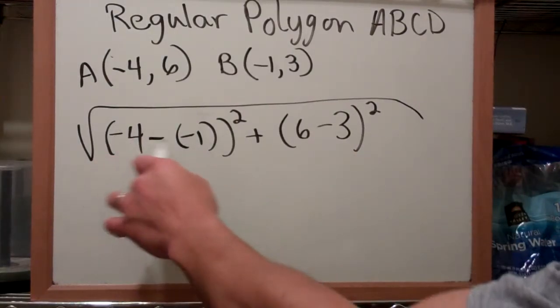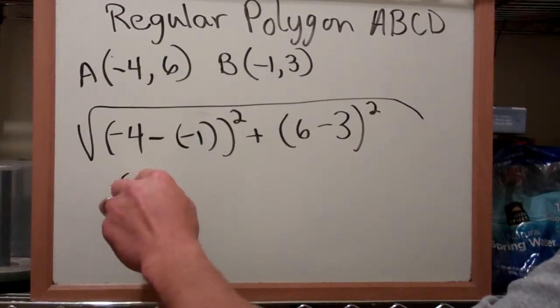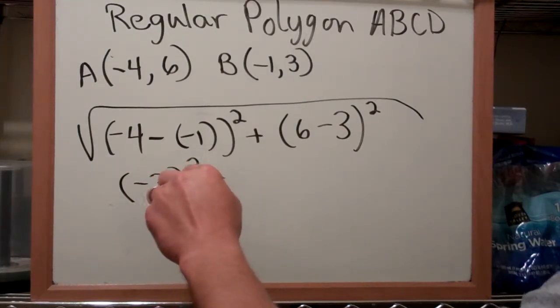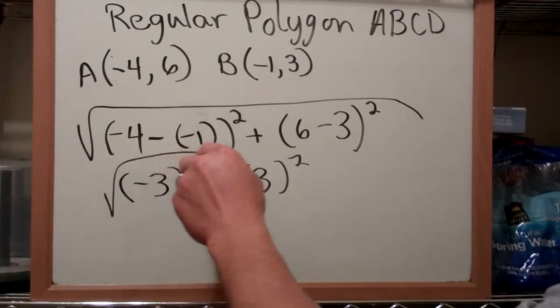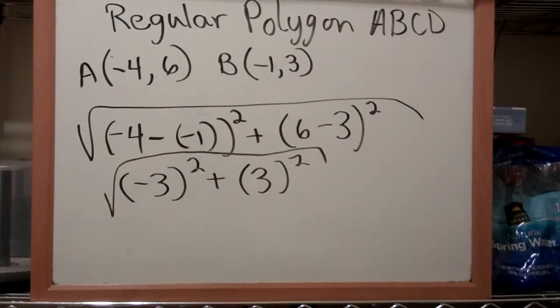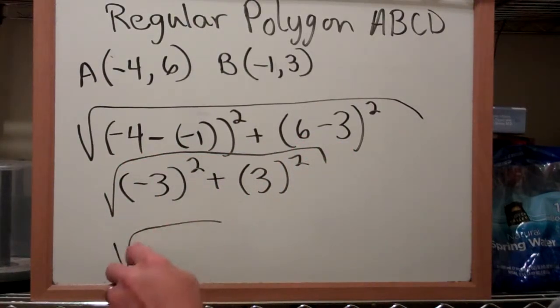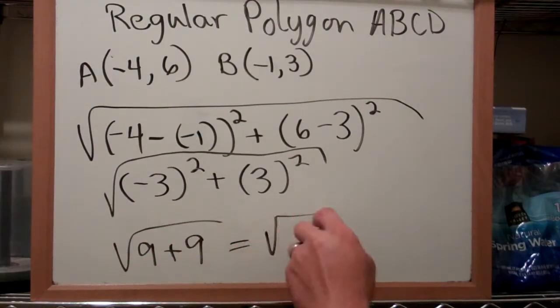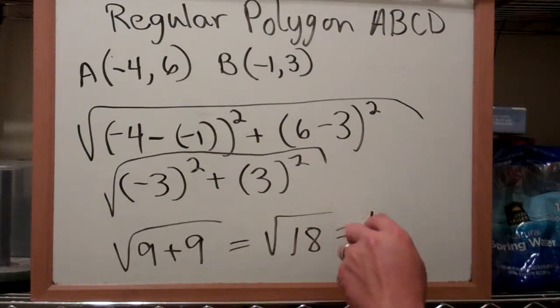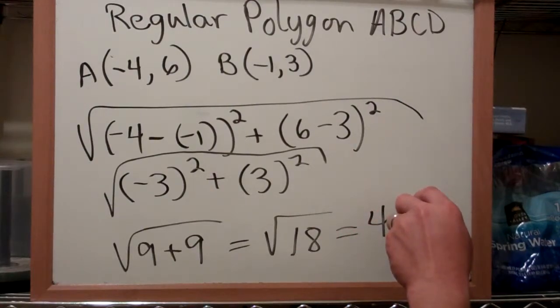Here, when we subtract these, we're going to get (-3) quantity squared plus 3 quantity squared. And then we're going to get 9 plus 9, which is equal to the square root of 18, which we can in fact say is 4.24.